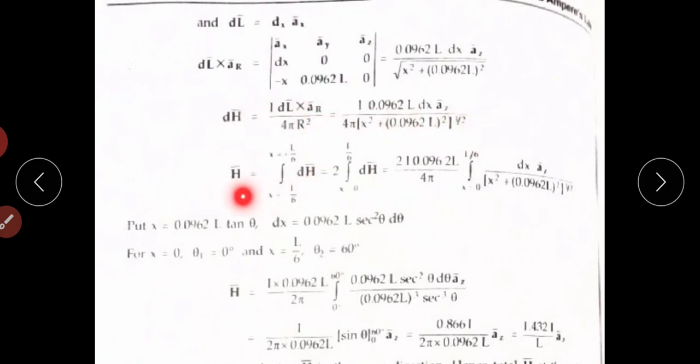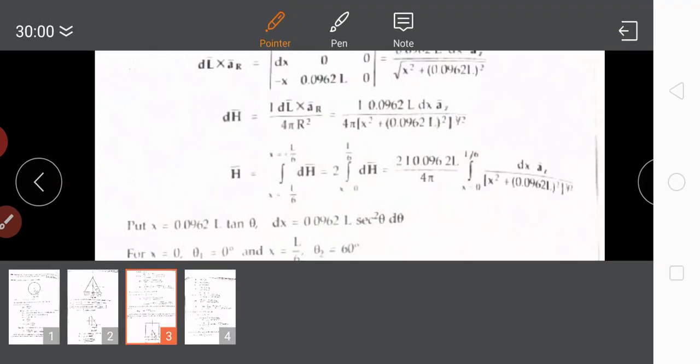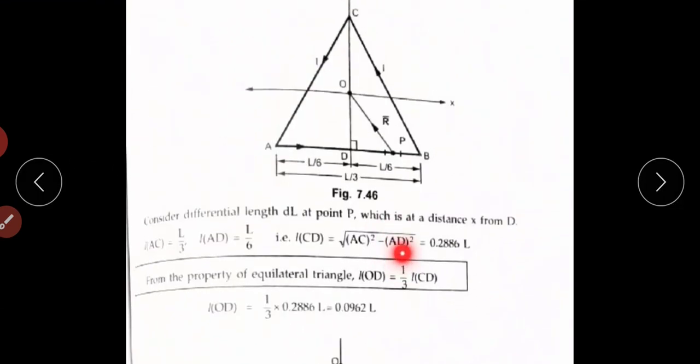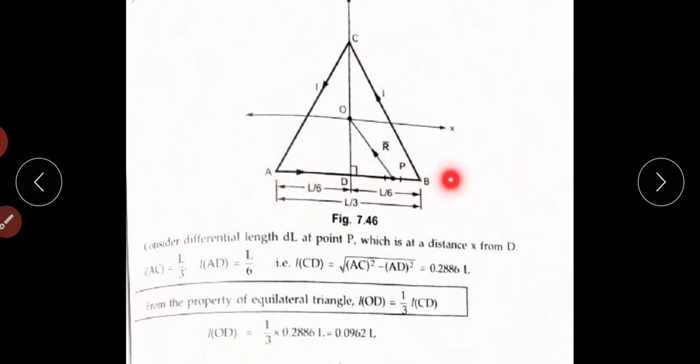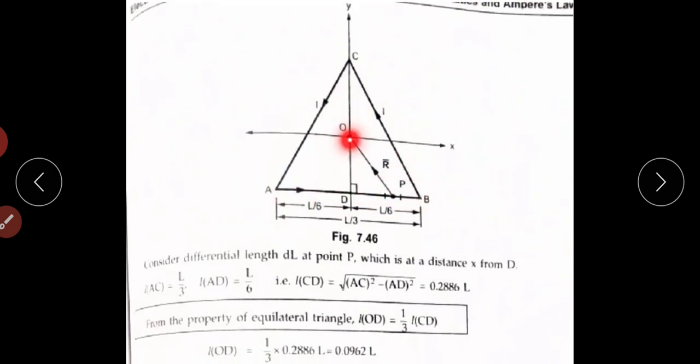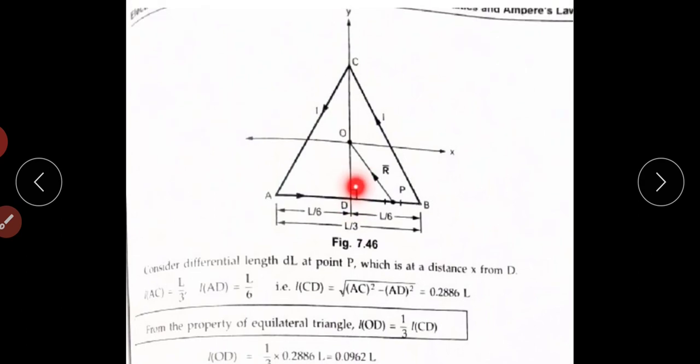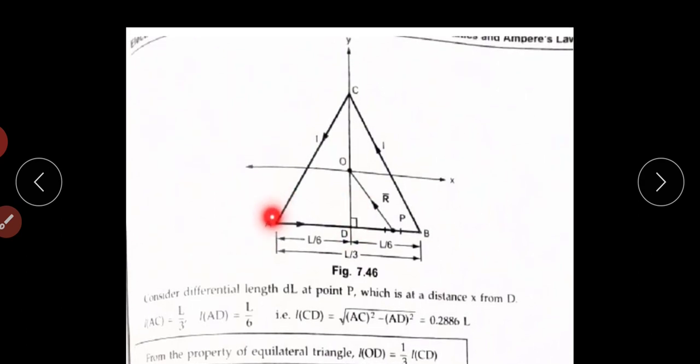Next, the total magnetic field intensity expression: H bar equals integral dH bar. First we are finding the magnetic field intensity due to side AB. This is the midpoint of AB, the origin. Total length of AB equals L by 3. So this point is 0, this point is minus L by 6, and this point is plus L by 6.